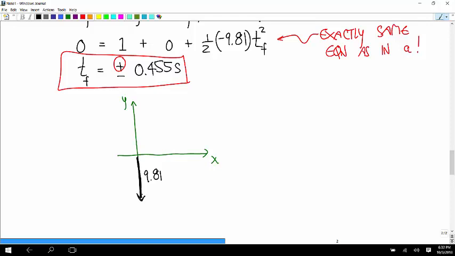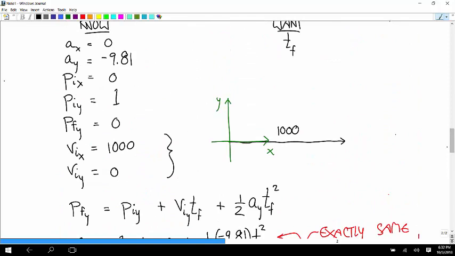I think the confusion is, it's easy to mix up velocity with acceleration. The thing does have a horizontal velocity, and we put that in here. Its velocity vector is horizontal with a magnitude of 1,000 meters per second. But if something's in free fall, its acceleration is just straight down at 9.81, no matter what it's doing.